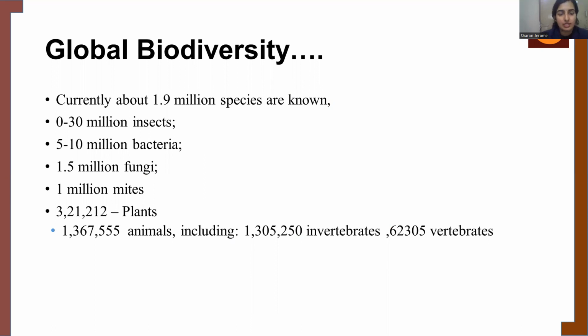These are the data given: almost 30 million insects, 5 to 10 million bacteria, 1.5 million fungi, and 1 million mites, 3,21,212 plants, 13,67,555 animals, which includes vertebrates and non-vertebrates. So the list goes on. This is how diverse our world, our earth, is.